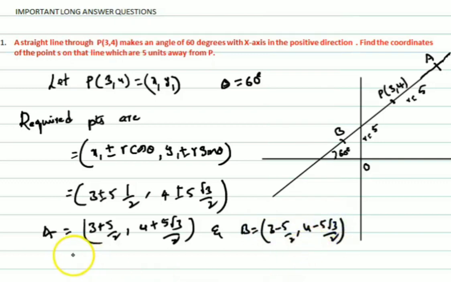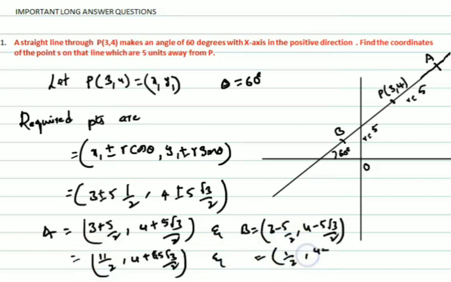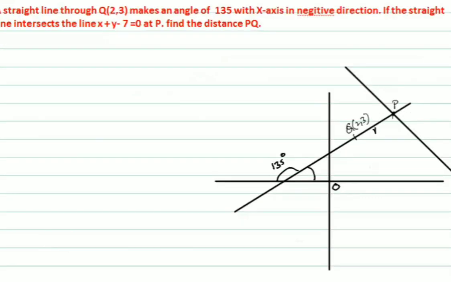These are the 2 points. So A is (11 by 2, 4 plus 5 root 3 by 2) and B is (1 by 2, 4 minus 5 root 3 by 2). These are the coordinates of A and B which are at a distance of 5 units away from it.